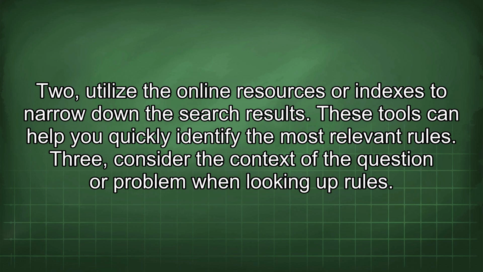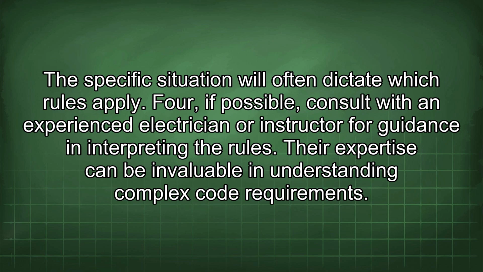Consider the context of the question or problem when looking up rules. The specific situation will often dictate which rules apply. 4. If possible, consult with an experienced electrician or instructor for guidance in interpreting the rules. Their expertise can be invaluable in understanding complex code requirements.